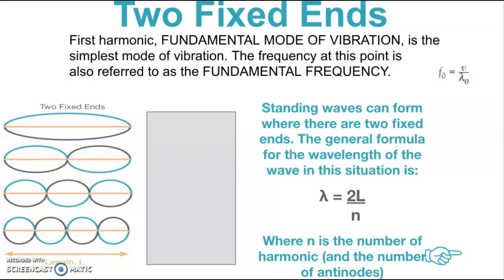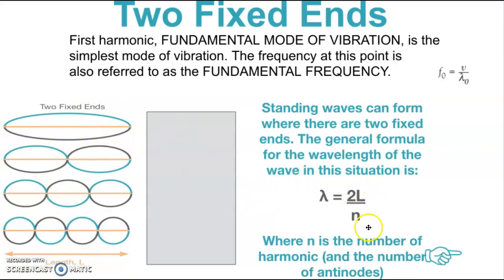And as we increase to our third harmonic, we have a wavelength and a half inside this length L. If we consider the relationship between wavelength and length, it should make sense that wavelength equals 2L over N. Let's have a look at our harmonic, see if that makes sense.